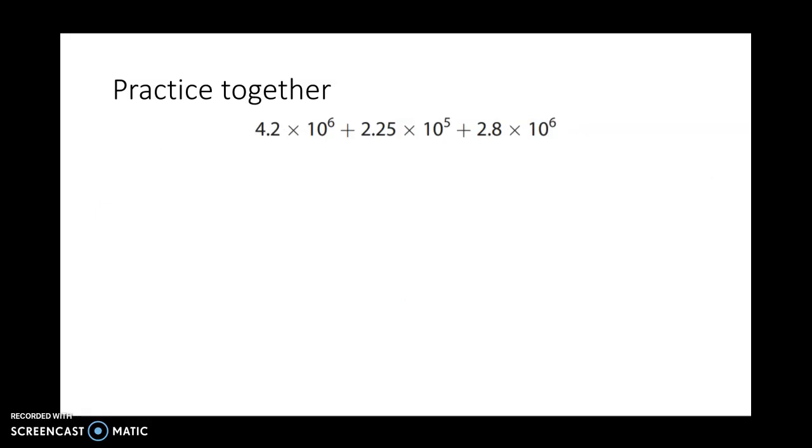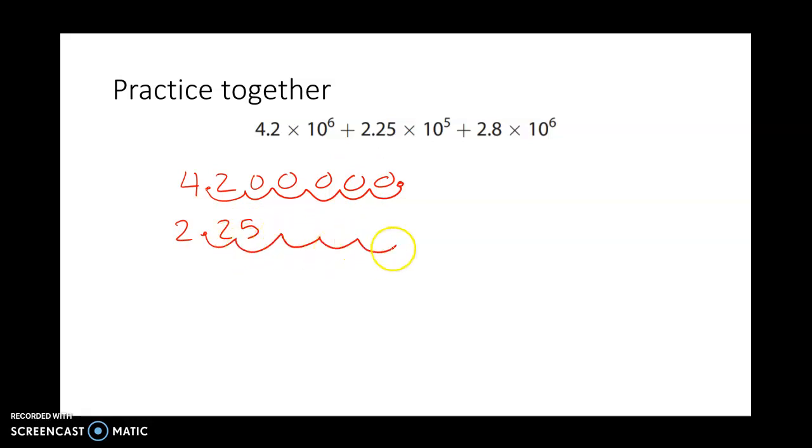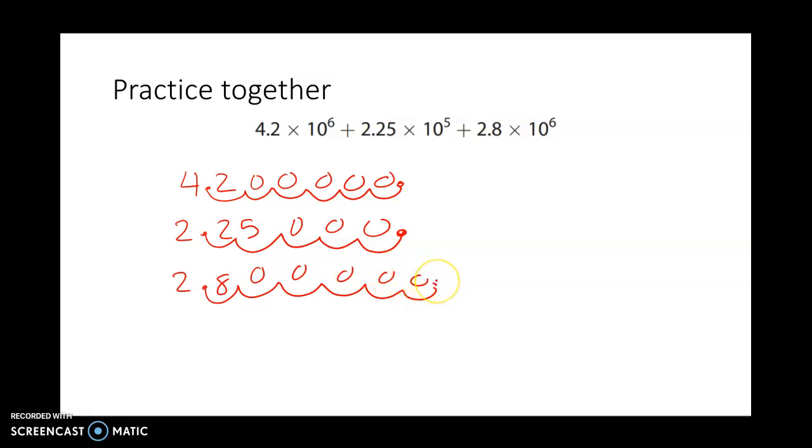Okay, let's add these together. I have 4.2, and I move it 1, 2, 3, 4, 5, 6. And then I have 2.25, and I move 1, 2, 3, 4, 5. And then I have 2.8, and move it 1, 2, 3, 4, 5, 6. Add all these up.